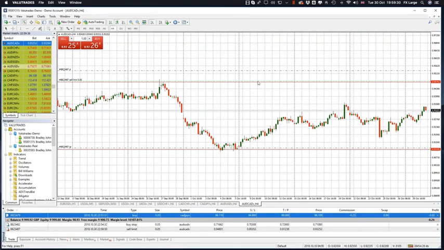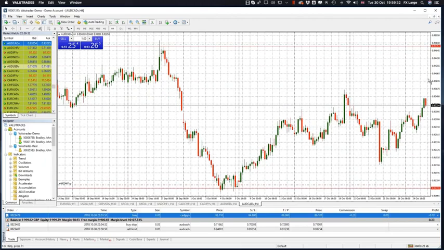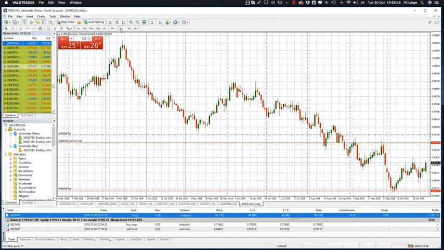If I want to see where that stop loss is in relation to other lines of support and resistance, I can simply go to a longer time frame. So now we've gone to the daily time frame, and now I can see the order as well. So here we have our entry point, our take profit, and our stop loss. So let's say, well, we're in the middle of a consolidation zone, so I want this stop loss to be more like support and resistance, so I can move it higher if I want.